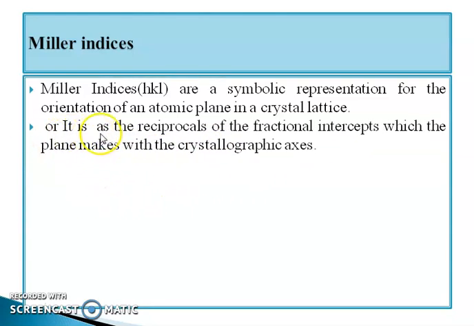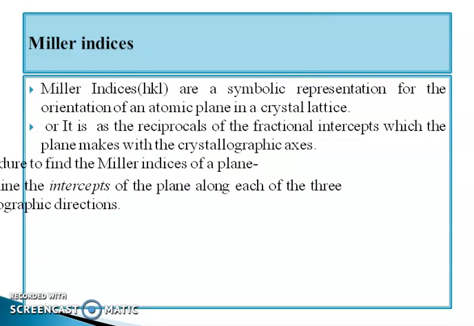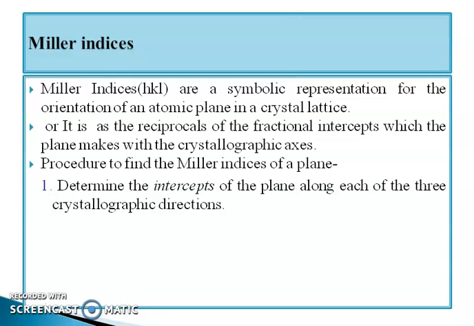Or it is the reciprocals of the fractional intercepts which the given plane makes with the crystallographic axes, that is x, y and z. How do we find the Miller indices of a plane?